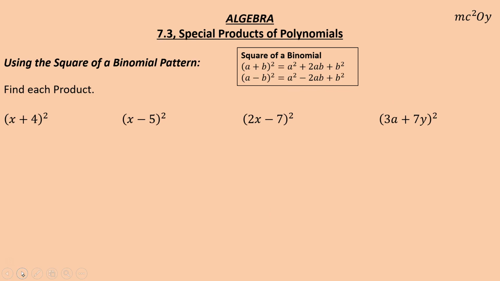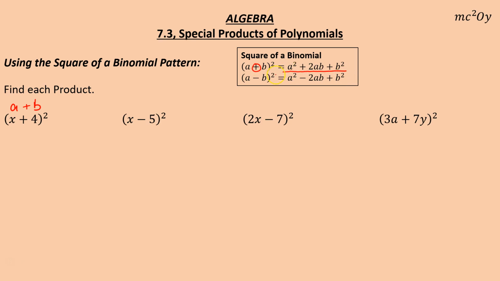So these three patterns help us out quite a bit. Let's go ahead and use the square of a binomial pattern to find each product. So notice this is x plus 4 squared. If you think of this as like a ride with two seats on it, like a mathematical ride here, a plus b, in seat A you have x, and in seat B you have 4. Well, if you look at the pattern we're using, since it says plus, we're using this pattern right here.